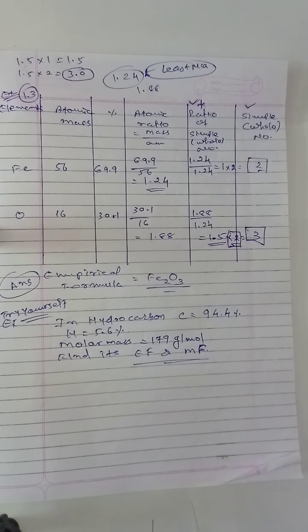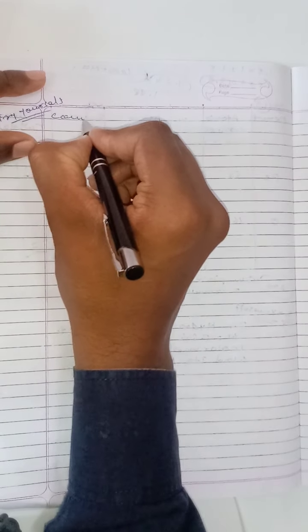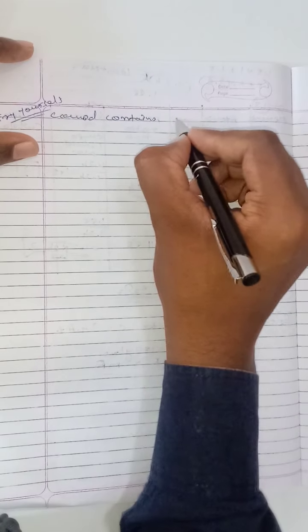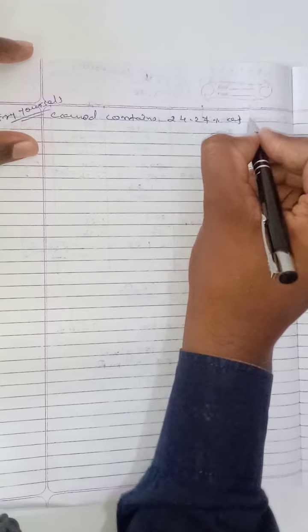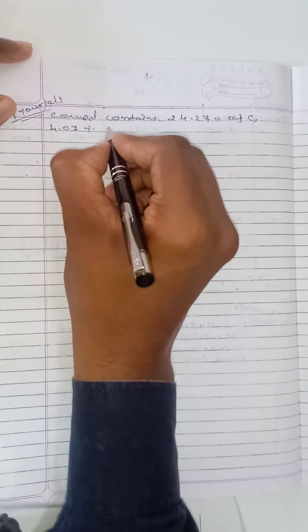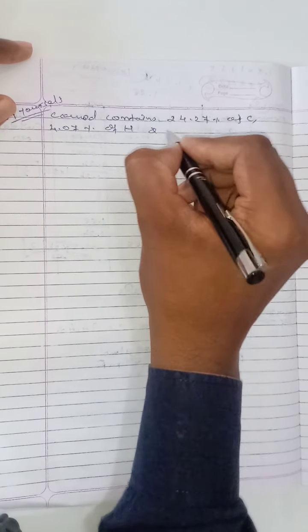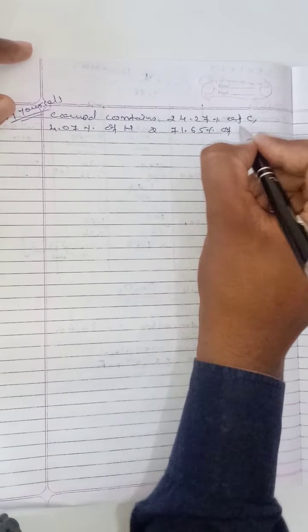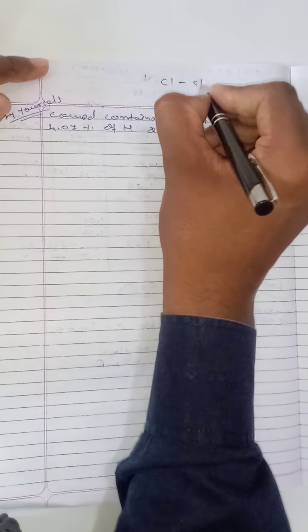Let's see another example. Another compound contains 24.27% of carbon, 4.07% of hydrogen, and 71.65% of Cl, Cl is chlorine.